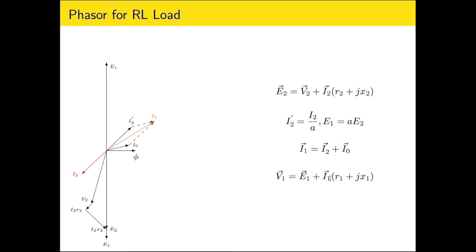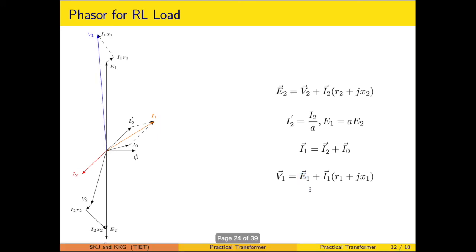So we will be separately marking the phasors I1 R1 and jI1 X1, which are to be added with the E1. That is represented likewise, and the whole phasor diagram is now complete.